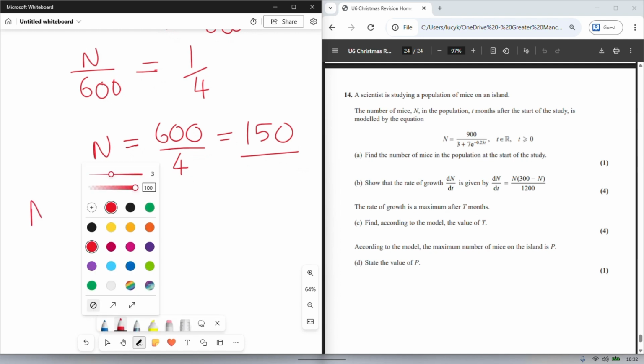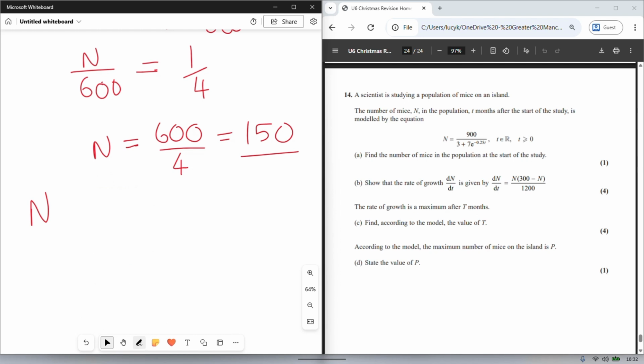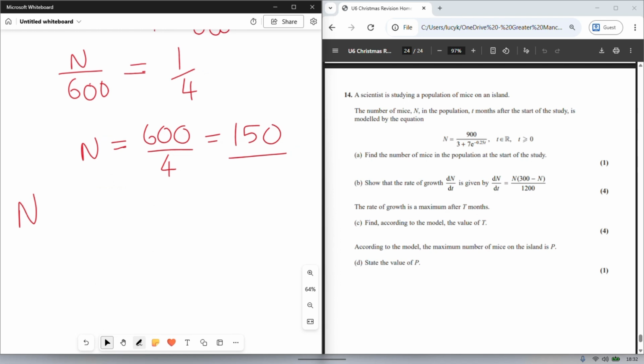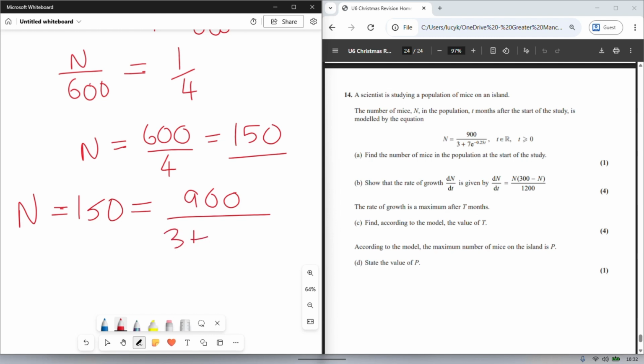So n is equal to 150. That is equal to 900 over 3 plus 7e to the minus 0.25t. That's what we get there.